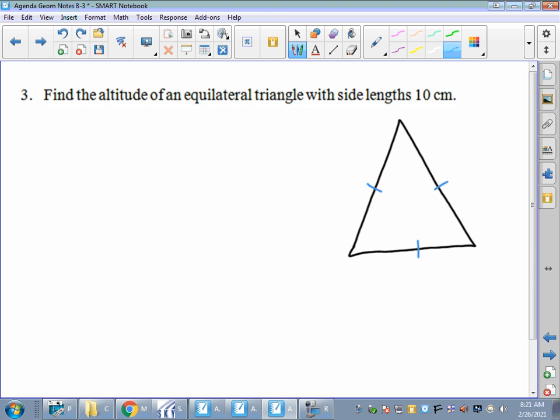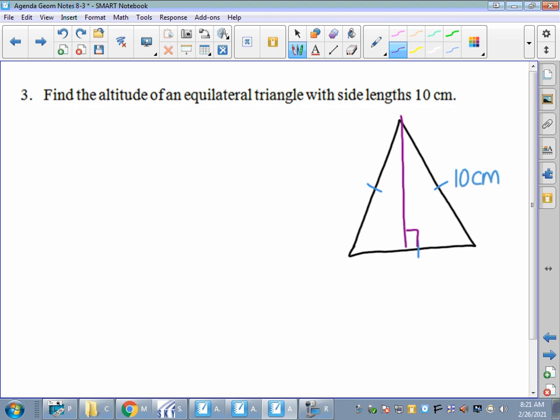All 3 side lengths are 10 centimeters, but then it asks for an altitude. Think back to chapter 7, I think in section 7.5, right? We talked about altitudes. We also did that back in chapter 5, perhaps. Altitude goes from the vertex and forms a 90-degree on the opposite side.